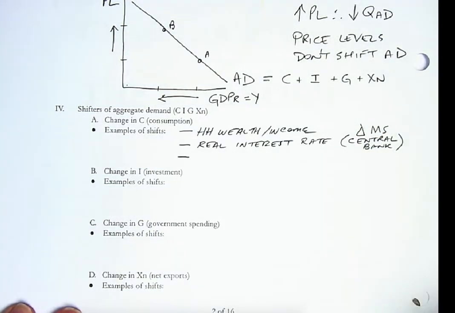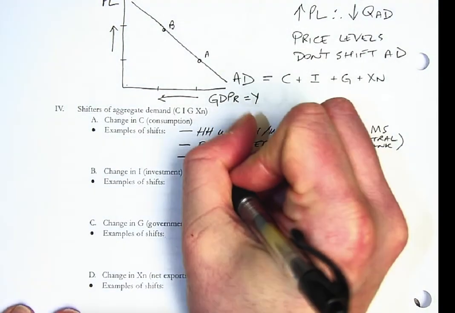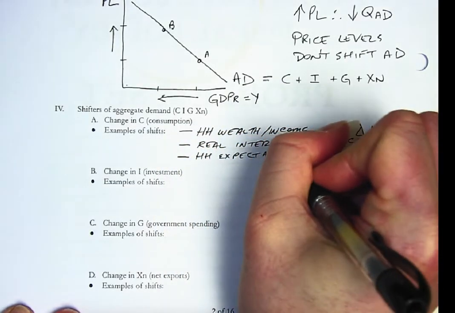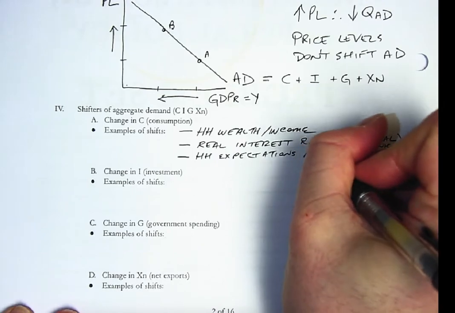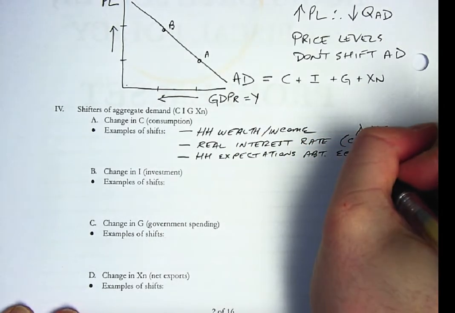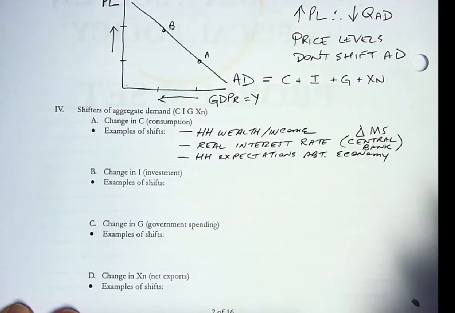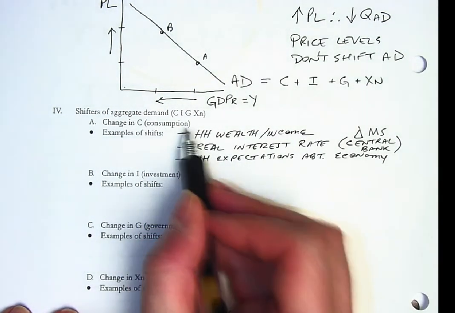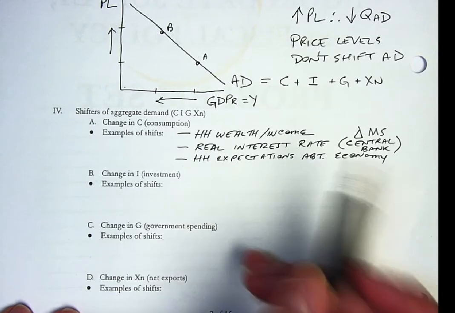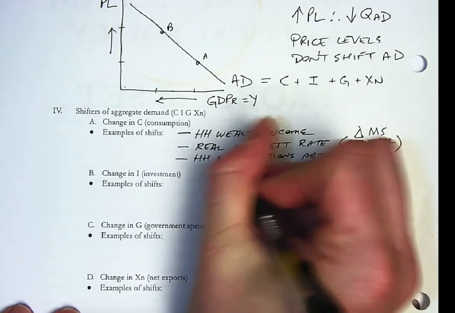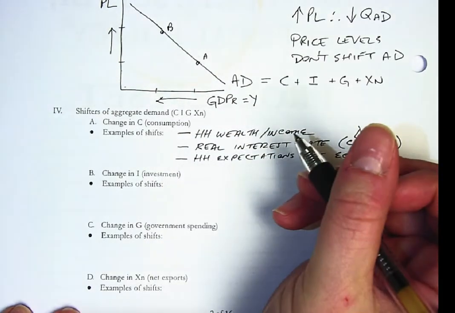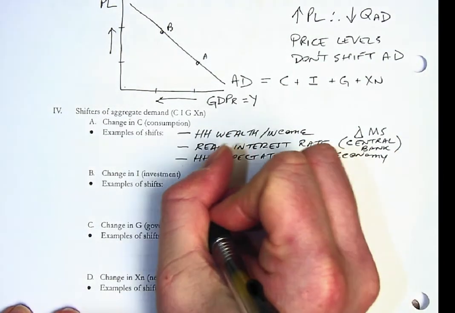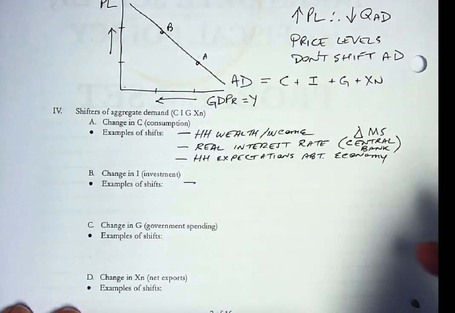Now, a third one would be household expectations about the economy, about economic conditions. So if we think that there's going to be a recession, then we probably are going to reduce our consumption spending. So if we expect a recession, C will go down. And then in terms of investment, investment can be another one that we'll list here.